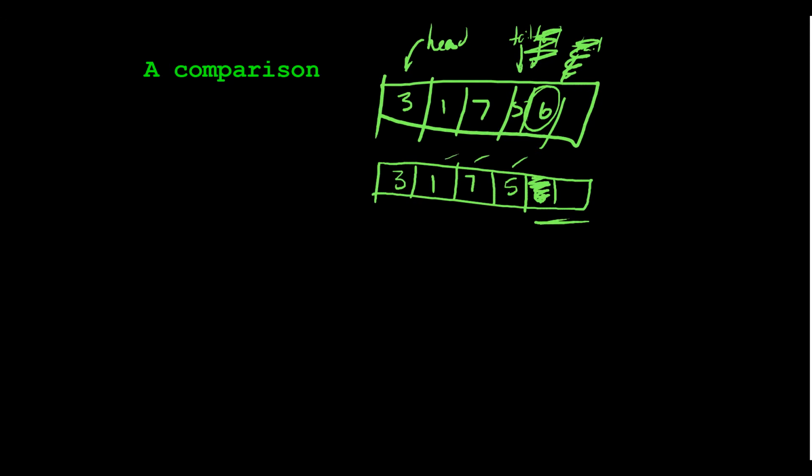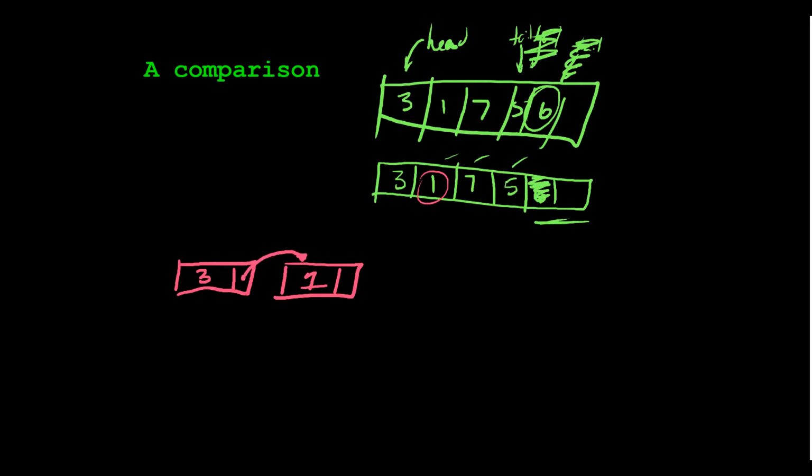For comparison purposes, what would happen is I would have a head and a tail. I would create a node that contains a 3, and then if I wanted to push a 1 onto the stack, then I would create a new node, put a 1 in here, and then make sure that this node linked to the previous node.